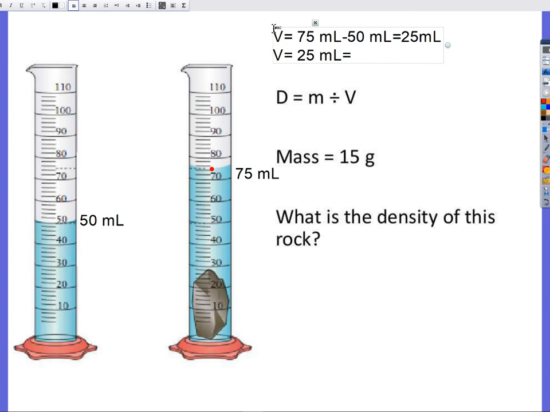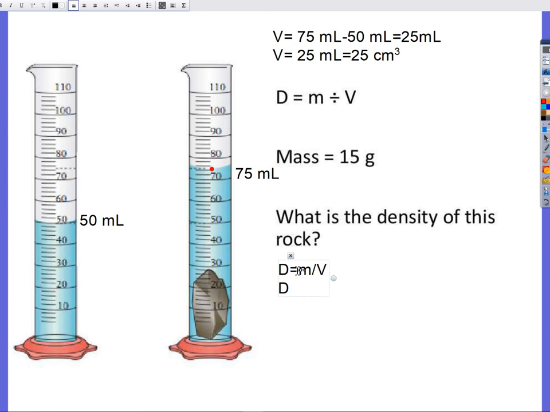But we know that the rock is not a liquid. Milliliters measures liquids. But we also know that 1 milliliter equals 1 centimeter cubed. So you can convert 25 milliliters to 25 centimeters cubed because the rock is a solid. And now we have both of the numbers we need to calculate density. So density equals mass divided by volume.